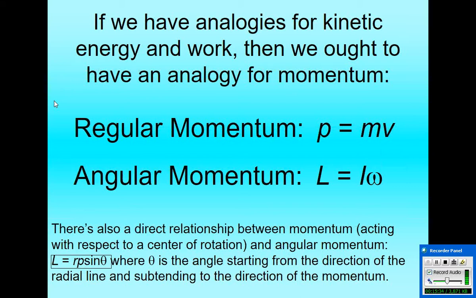On the other hand, if I have a small particle, maybe like a point particle, that is moving, it might be more convenient to calculate the angular momentum as r times p times the sine of theta, where r is the distance from the center of rotation to where this point-like object is, p is the momentum of that object, and theta is the angle between r and the momentum.